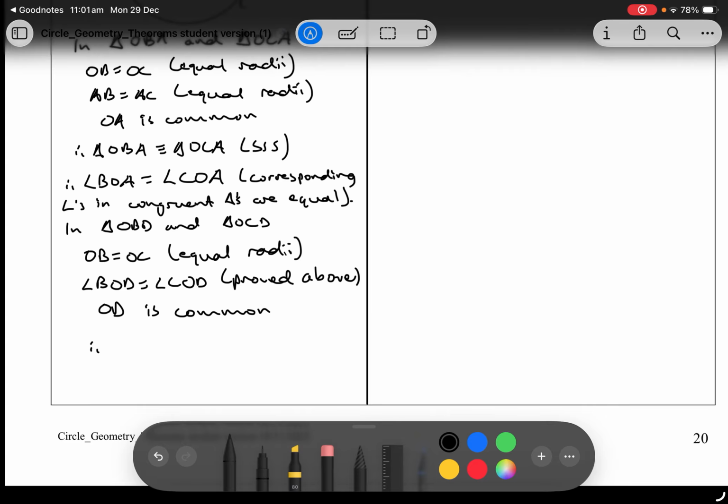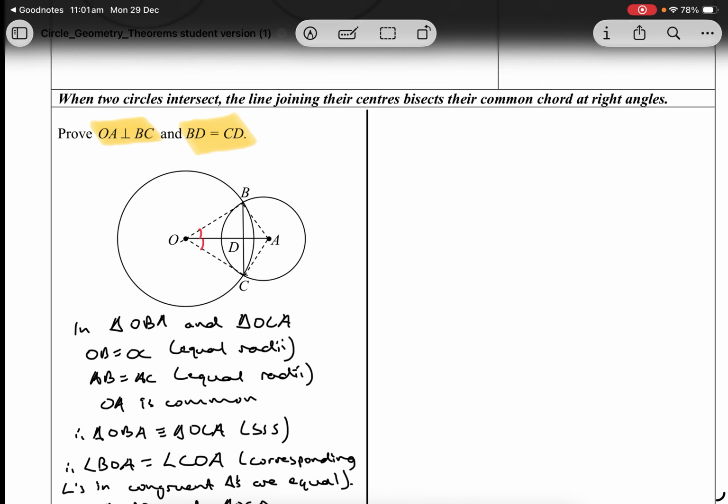Okay, so we're almost there, but let's just pause and look at what we've done. Because we're trying to get to this, okay? We're trying, at the end of the day, to prove that OA is perpendicular to BC. So we proved the congruence of these two first, then we proved the congruence of OBD and OCD. So we're working our way through, we're almost there.